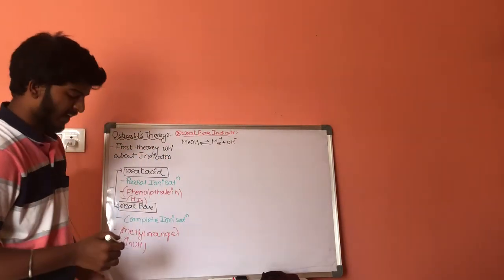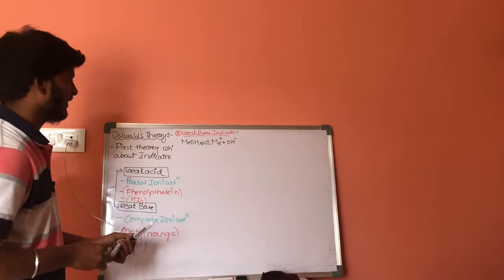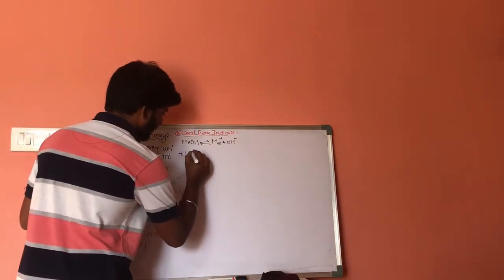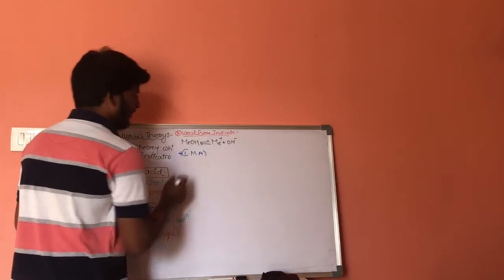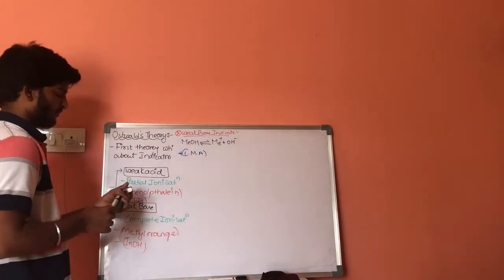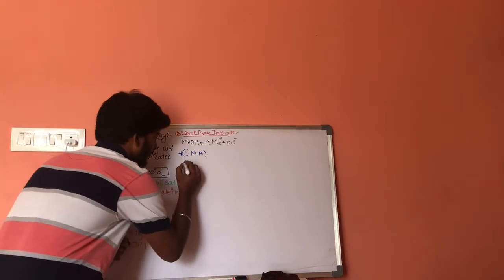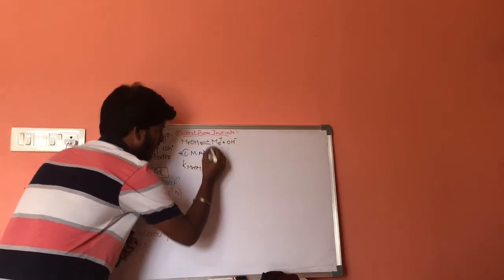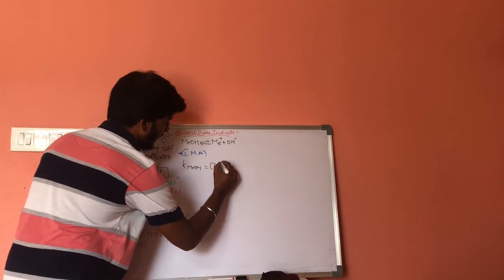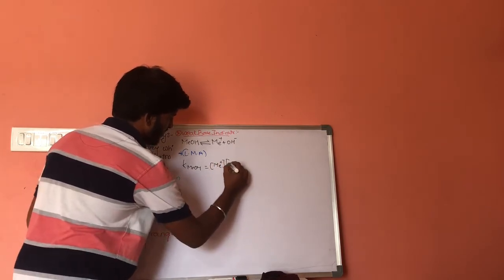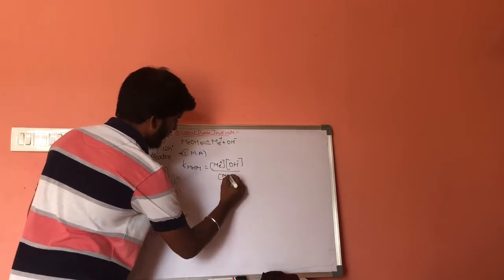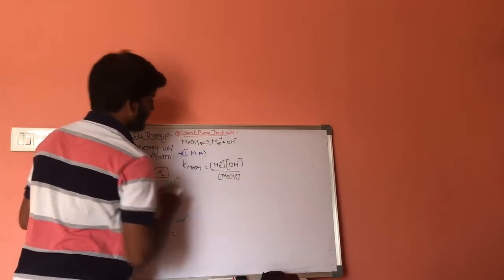Now if we apply the law of mass action, K MeOH is equal to the concentration of Me plus into the concentration of OH minus divided by the concentration of MeOH.